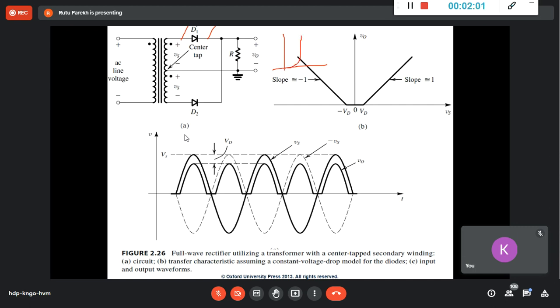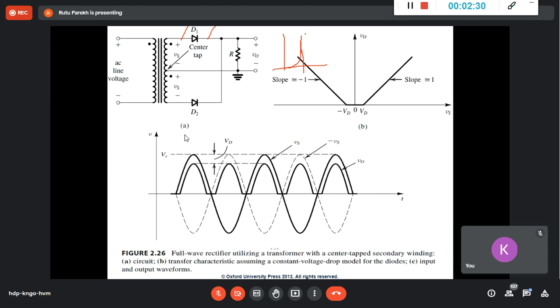If it is silicon and conducts at 0.7 volt, it will conduct at 0.7 volt every time, whatever circuit you put it in. If it is germanium conducting at 0.4 volt, then it will conduct at 0.4 volt.